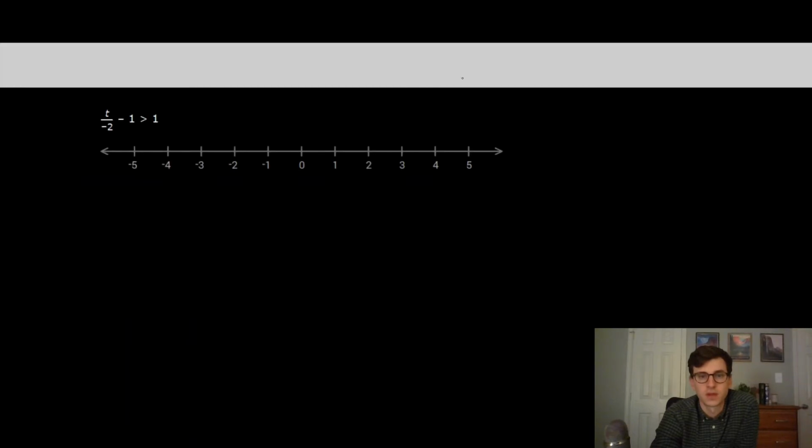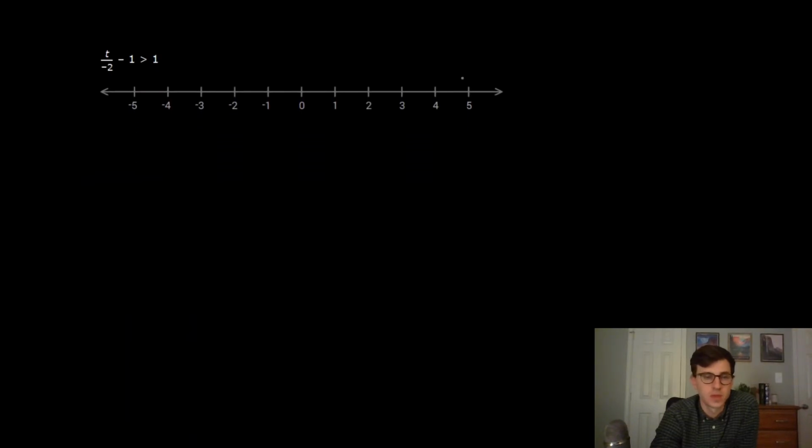Okay, just one more. If I can find it. There we go. Okay, t divided by negative 2 minus 1 is greater than 1. Again, thinking about the do-undo chart, this is just the way that I like to think about my equations.